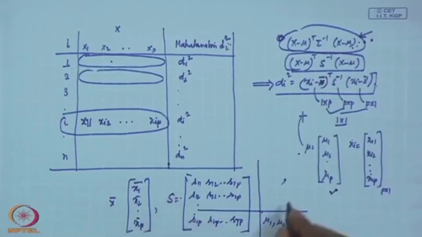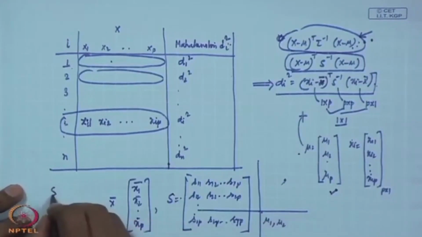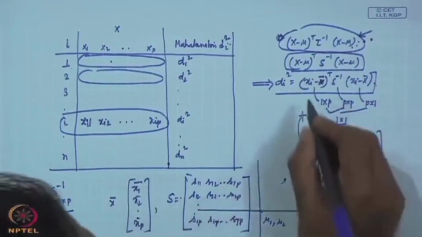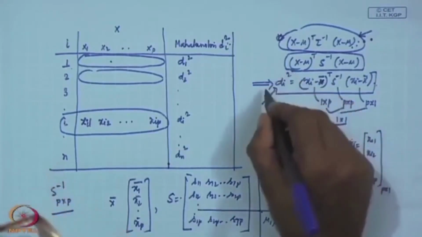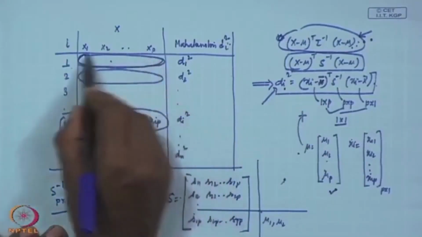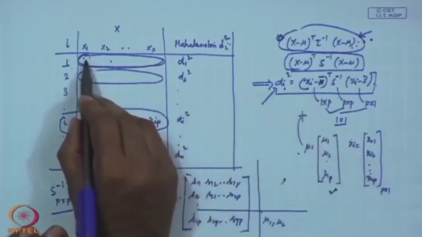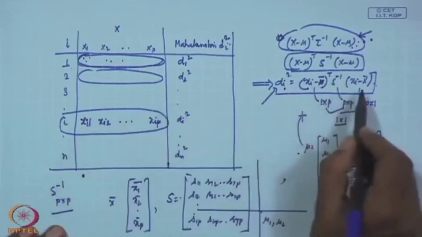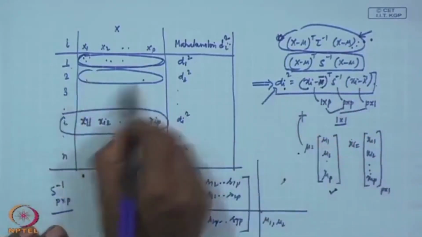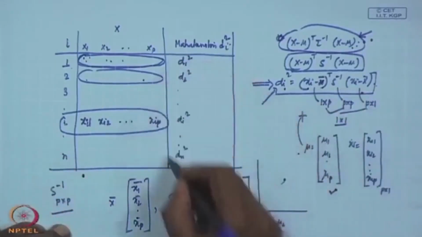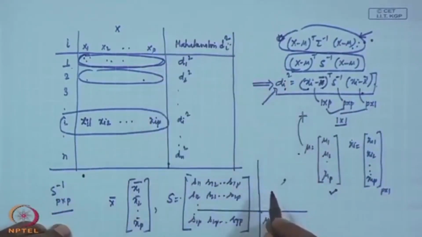Once you know this, you require to calculate S inverse. This also will be a p × p matrix. Once you have computed all those things, then you go for d_i². For i equal to 1, take the first row, put here, every observation will be subtracted by the corresponding mean. Then you go for the second one, third one, like this. And using this equation, you get n distance values.